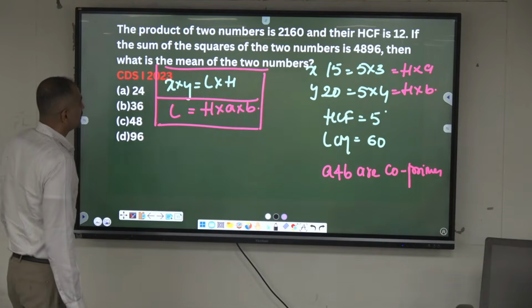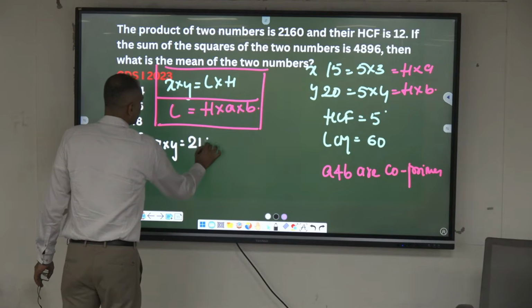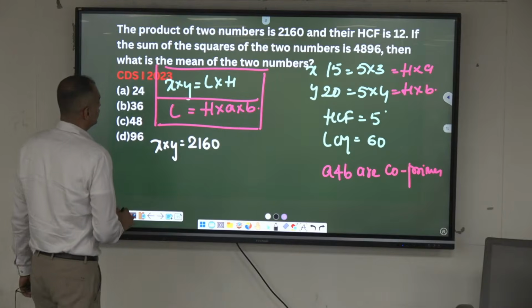The product of two numbers, x into y, is equal to 2160, and their HCF is equal to 12.